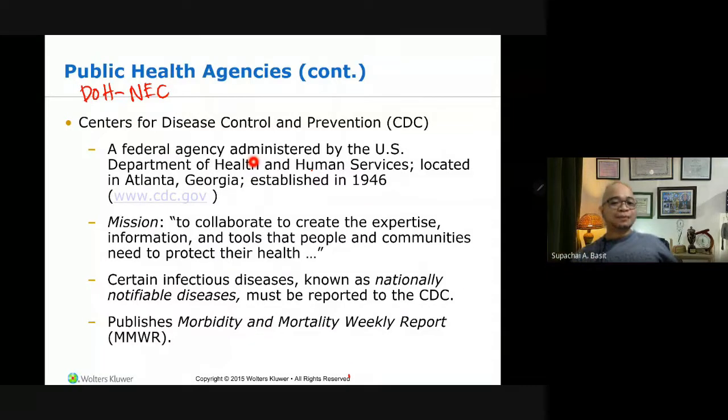On a weekly basis, they publish the MMWR, the Morbidity and Mortality Weekly Report of certain infectious diseases. So that is the CDC, the Centers for Disease Control and Prevention.